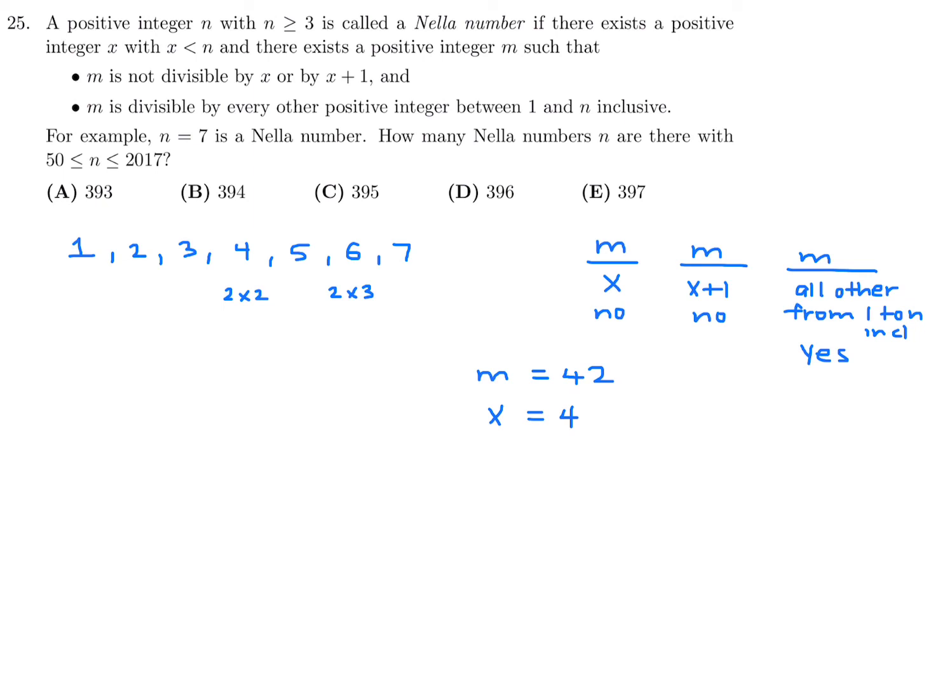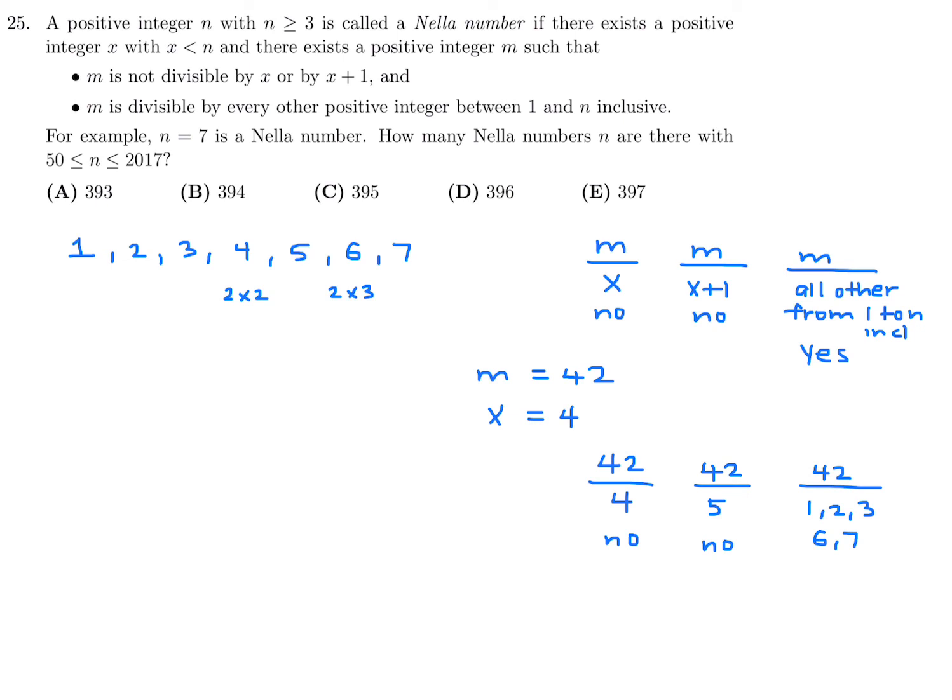So for example, m is 42, right? So 42 divided by 4 is a no, it's not divisible. How about m divided by x plus 1? 42 divided by 5 is also a no. But 42 can be divided by all the other numbers, which are 1, 2, 3, 6, and 7.